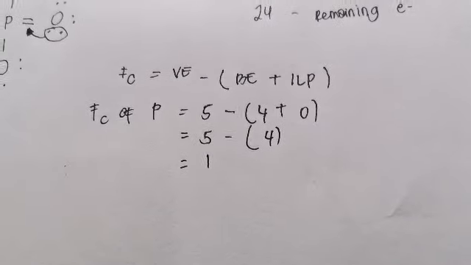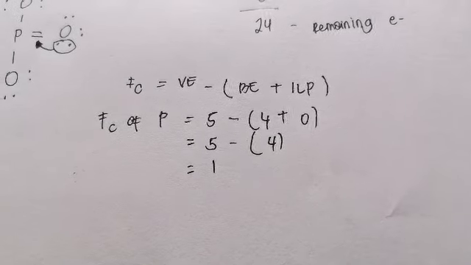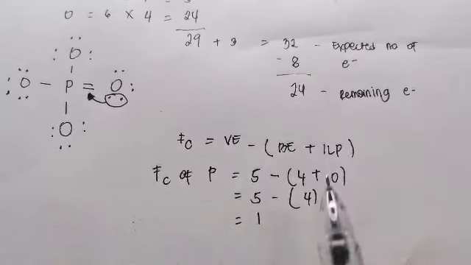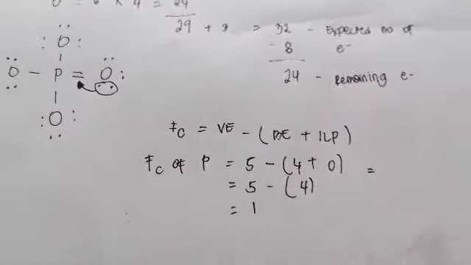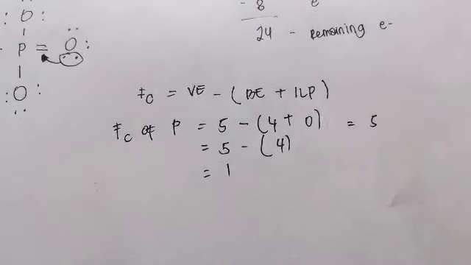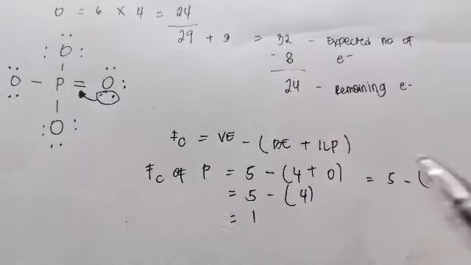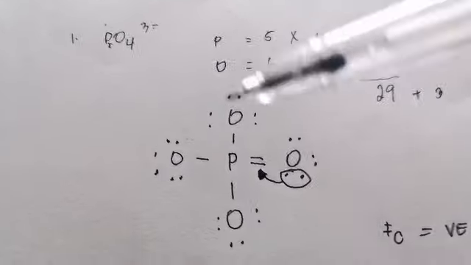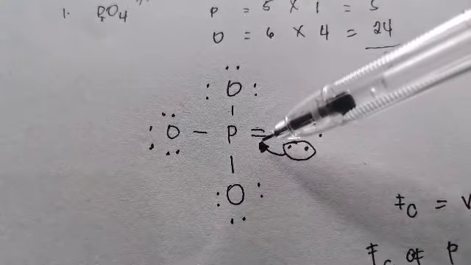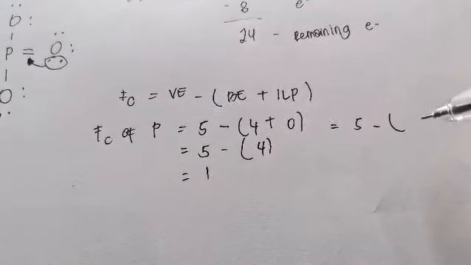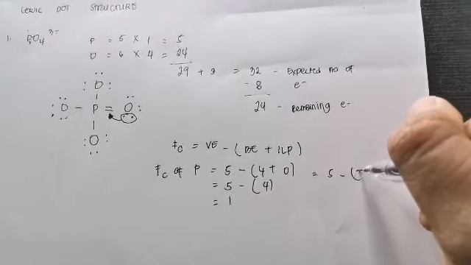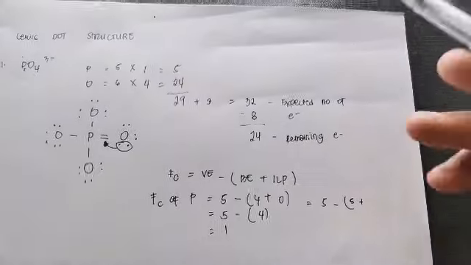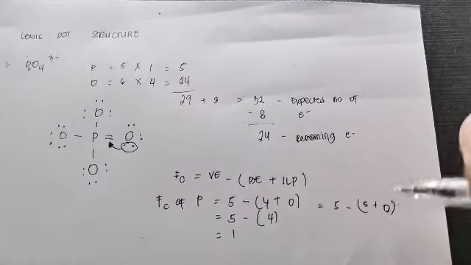Now going back to the solution. So, magiging ito, same lang po si valence electron minus the non-bonding electrons. How many non-bonding electrons na? Okay, so you have 1, 2, 3, 4, 5. So, 5 po yung ilalagay natin. Okay, plus since wala naman talaga tayong lone pairs there, so ilalagay natin 0.